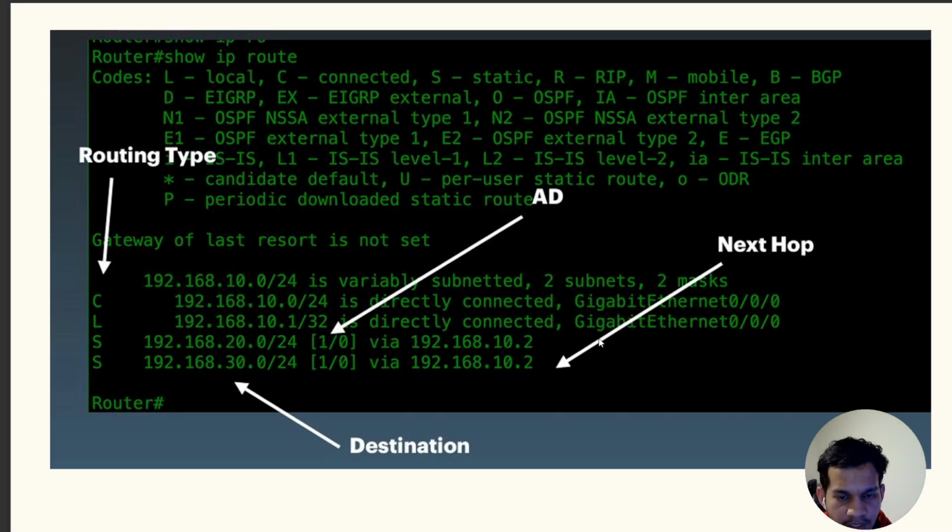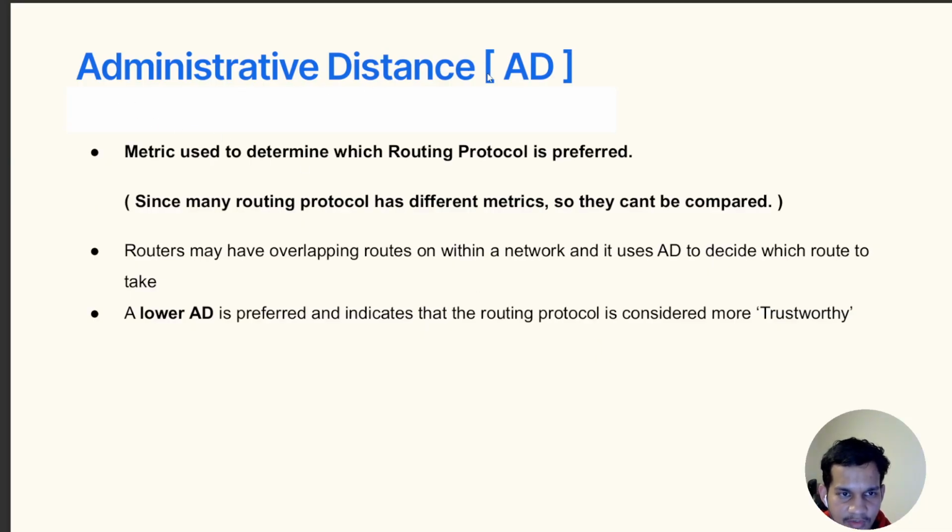In order to solve this metric problem, administrative distance was created. Metrics are used to determine which route is preferred, but since many routing protocols have different metrics, just like RIP has hop count and OSPF has cost, routers may have overlapping routes within a network, and they use AD to decide which route to take. The lower the AD, the more preferred it is and the more trustworthy the routing protocol is considered.